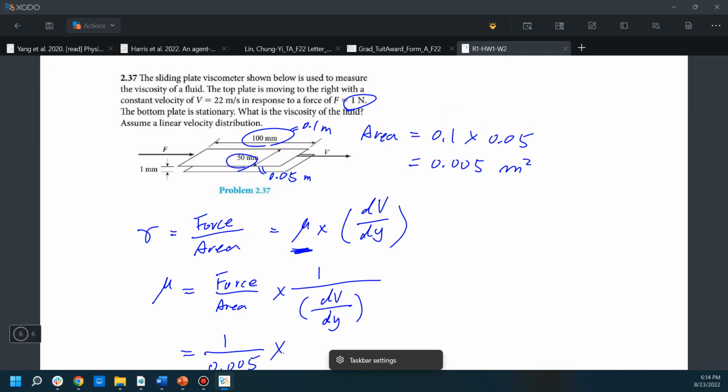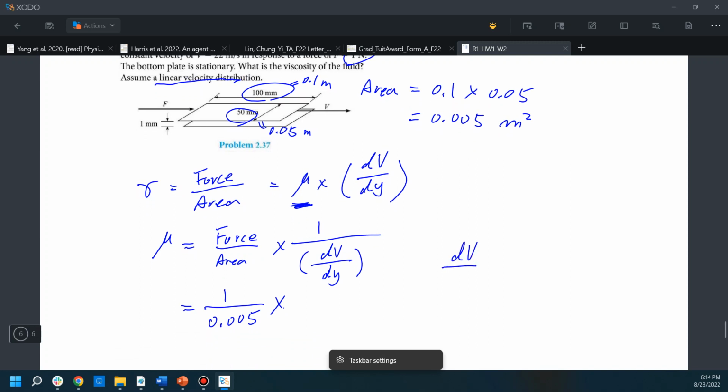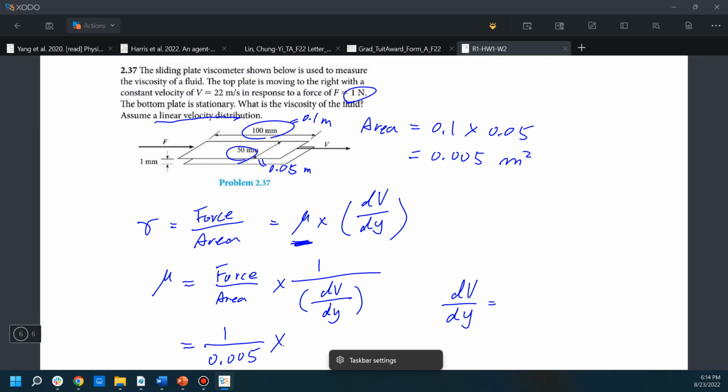Because we assume a linear velocity distribution, it's basically the slope of the velocity. So this dV over dy is the delta V divided by delta y. It is 22, because we have the top plate moving at 22 and the bottom plate having the velocity equal to 0.